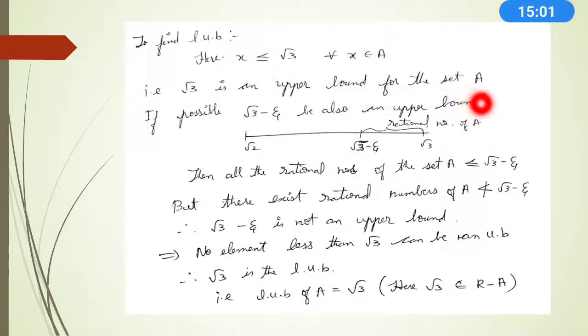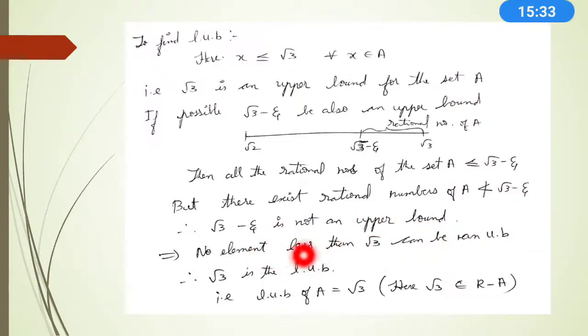Then all the rational numbers of the set A would be less than or equal to root 3 minus epsilon, but there exist rational numbers of A not less than root 3 minus epsilon. Therefore, root 3 minus epsilon is not an upper bound. So, no element less than root 3 can be an upper bound. That means root 3 is the least of all the upper bounds. So, the least upper bound for A is root 3.